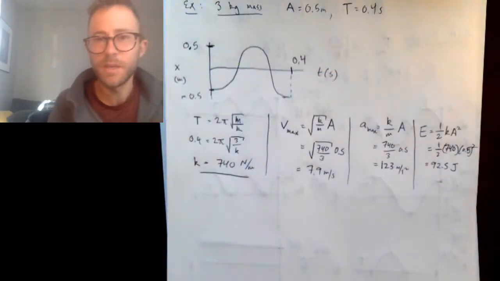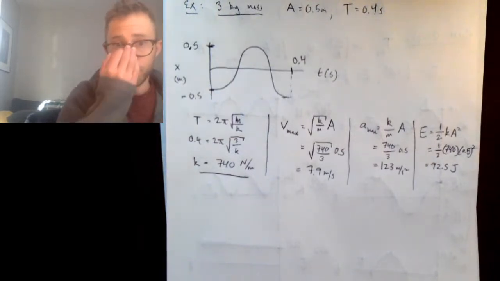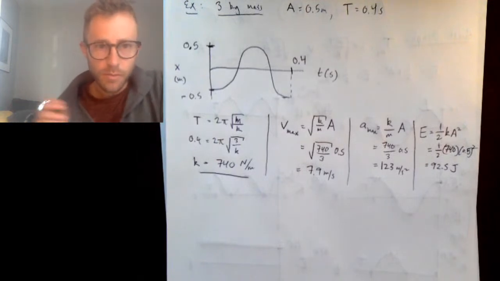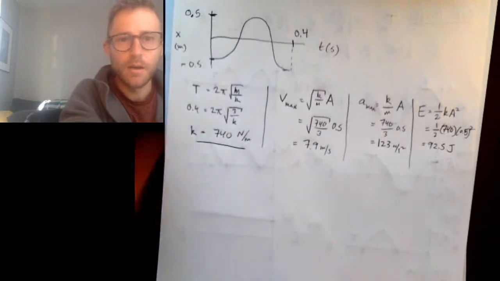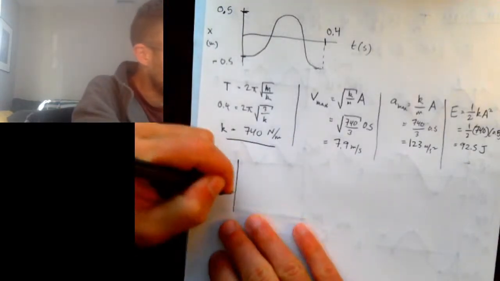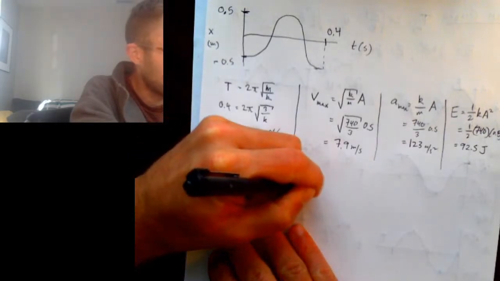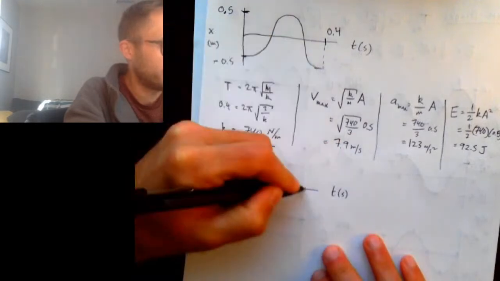That is the energy. So these are all the pieces of information we need to assemble all the graphs. So we'll do that. The first one I'm going to do is velocity as a function of time, and I'm drawing that directly below position as a function of time.